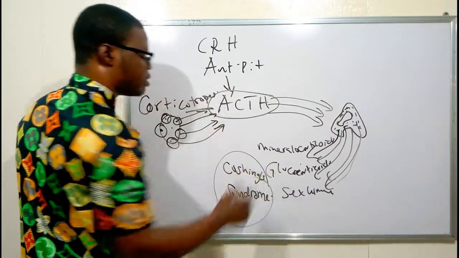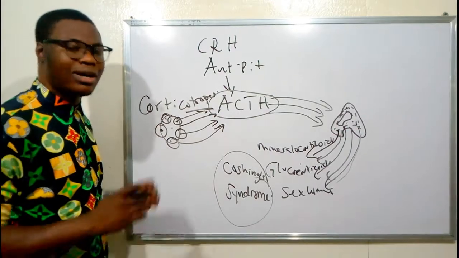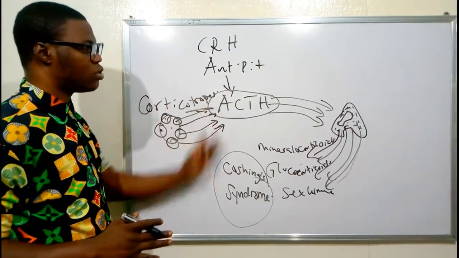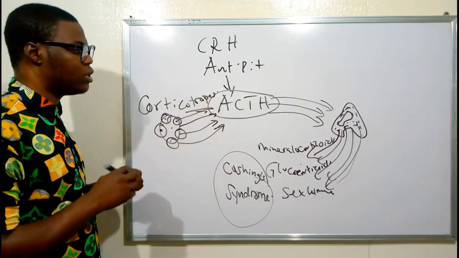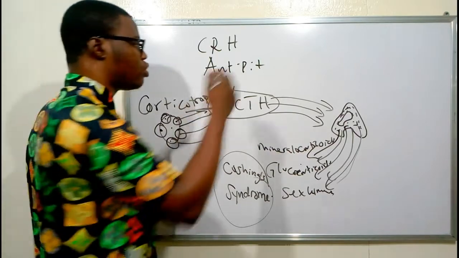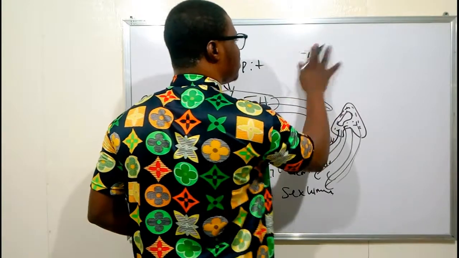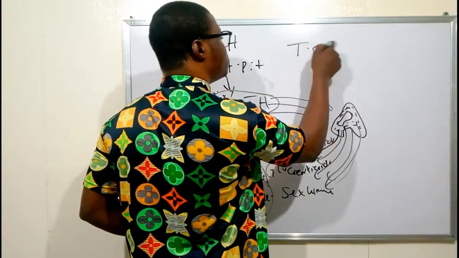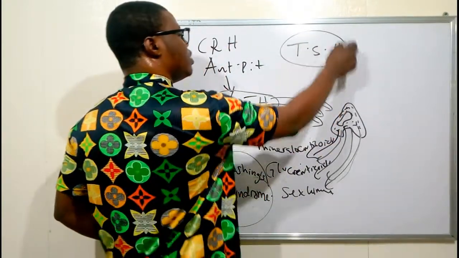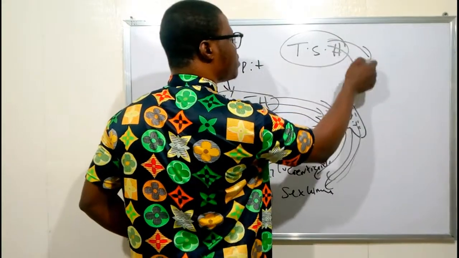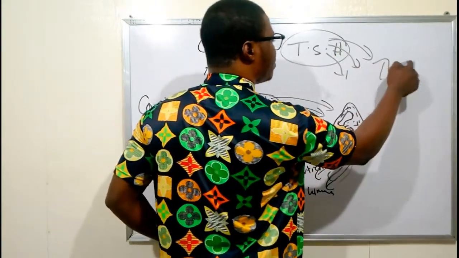I'm going to be talking more about it when we read the disorders of the adrenal gland, and that is that on adrenocorticotropic hormone. Now the last one is the thyroid stimulating hormone. An increase in the production of thyroid stimulating hormone is going to act on the thyroid gland.